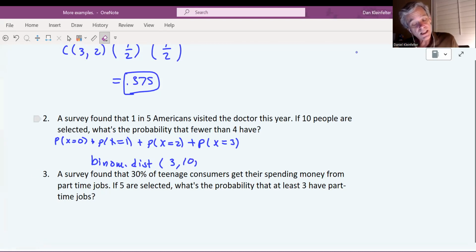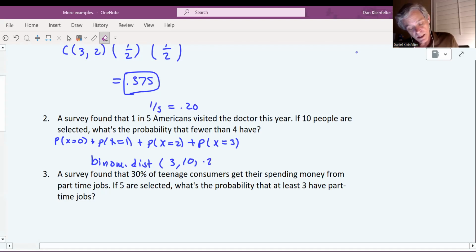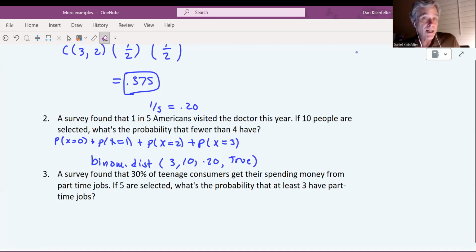The probability of success, 1 in 5, is 20% or 0.2. This time we're going to go true because we want less than or equal to 3, not just exactly 3.